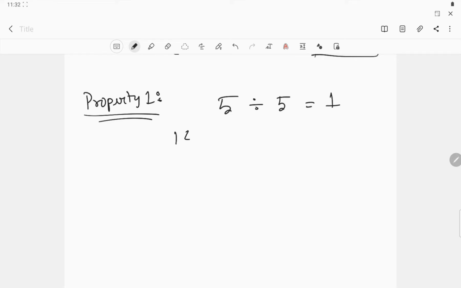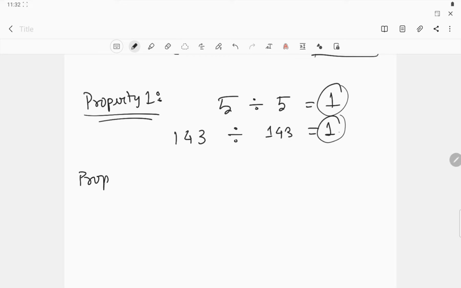Take another example, 143: if you divide the same number by the same number, you will always get 1. That means a non-zero number divided by itself gives the quotient 1. This is the quotient, because it is the result after division.